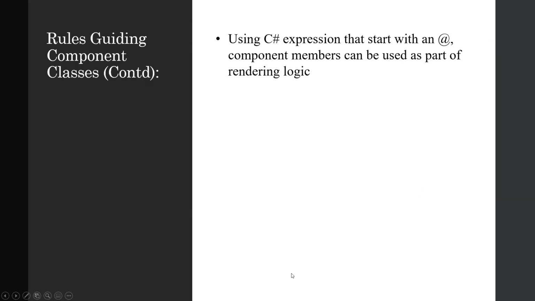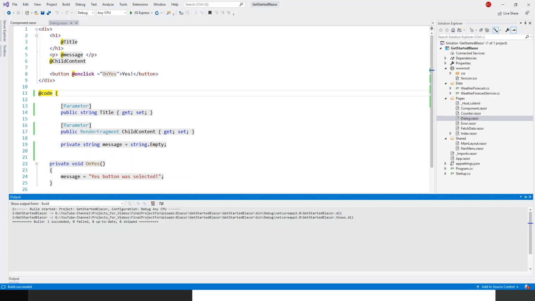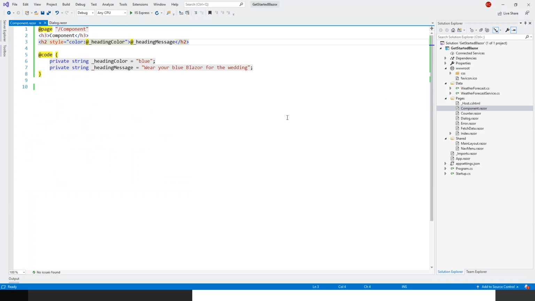Using C# expressions that start with an @, component members can be used as part of the rendering logic. Let me switch over to Visual Studio first and show you. I have built a component.razor. This is the Razor component, and I have kept the default name of Component.